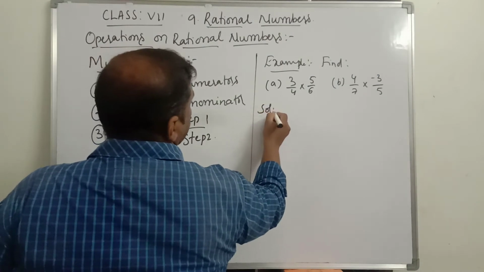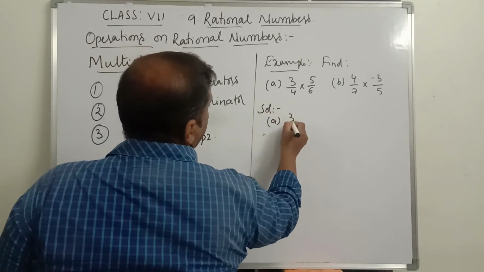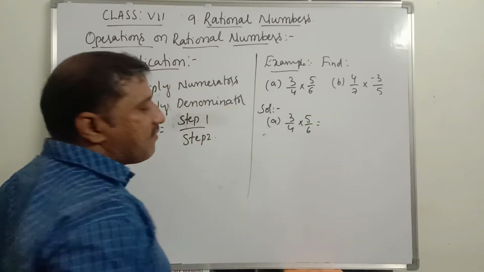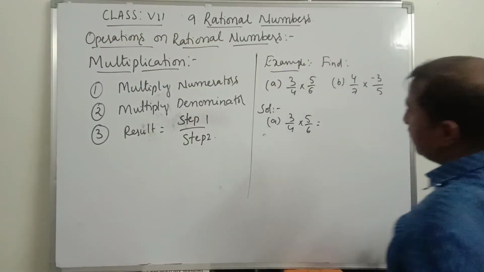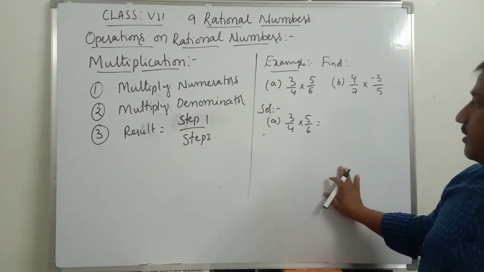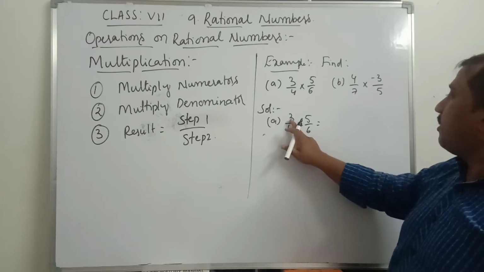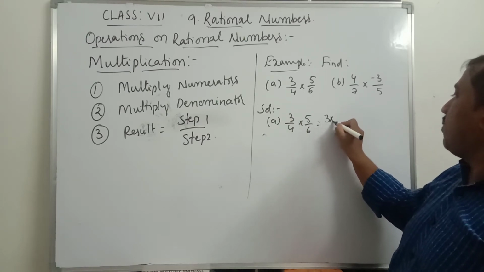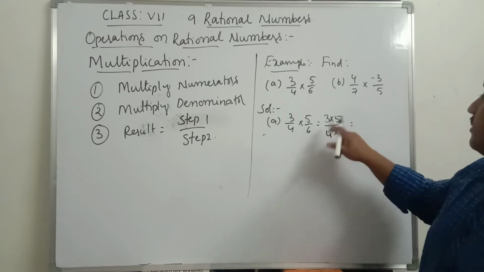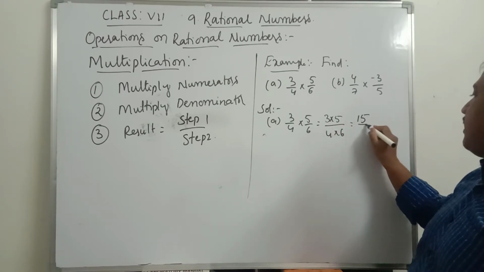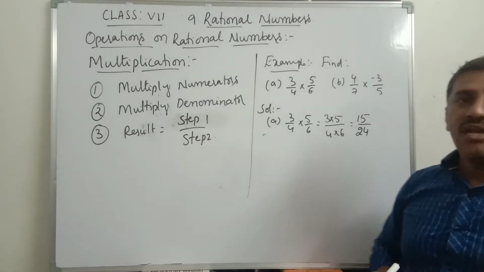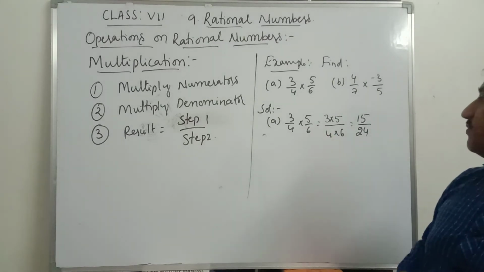See here. The first problem is 3 by 4 into 5 by 6. So what to do? First multiply the numerators, then multiply the denominators. So the numerators are 3 into 5, divided by 4 into 6. 3 into 5 is 15, divided by 4 into 6, 4 6s are 24. 15 by 24 is the product of those numbers.